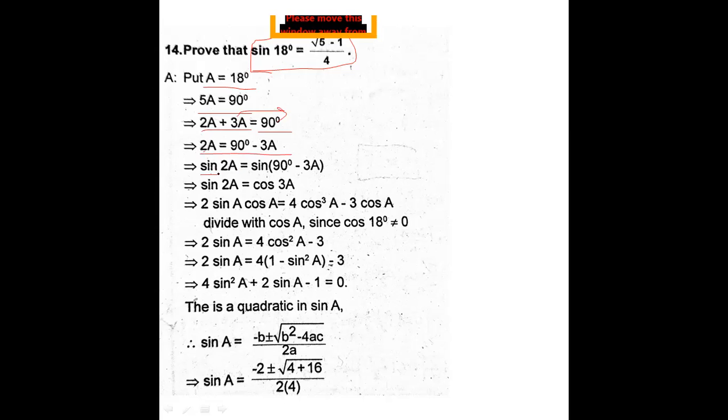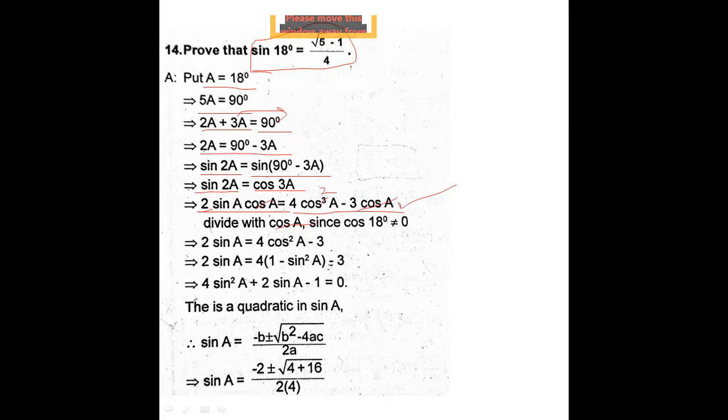Apply sine on both sides. Sin(90 minus theta) will be cos theta. Sin 2A is nothing but 2 sin A cos A, and cos 3A is nothing but 4 cos cube A minus 3 cos A. Now divide both of them with cos A. So one cos A will be cancelled from here, and cos cube will become cos square, and this cos will also get cancelled out.